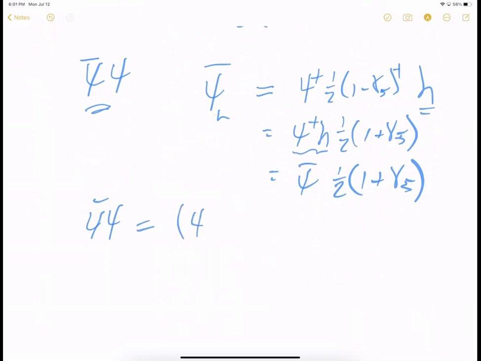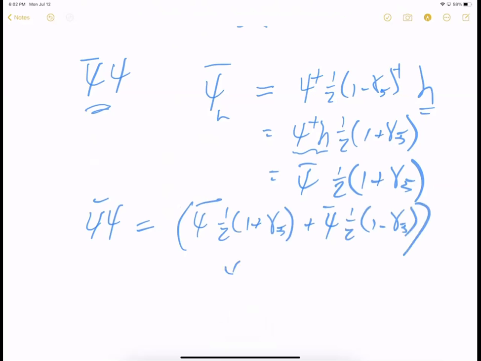All right, here we have psi left bar plus psi. Wait, let me do this differently. Let me write it as psi bar, and then the left one is going to be a half 1 plus gamma 5, and the right one is going to be psi bar times a half 1 minus gamma 5, times the usual projections here for the left psi and the right.